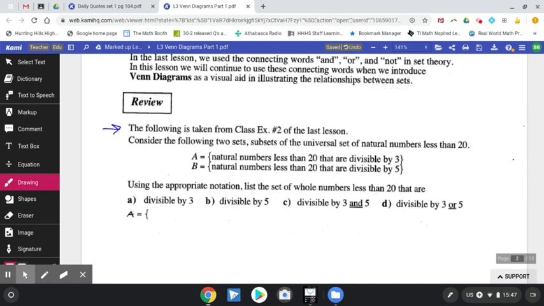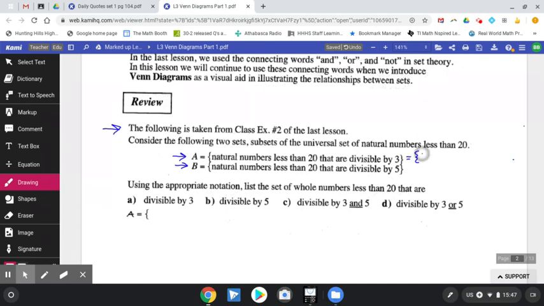So one of the things I think makes our life a little bit easier is if we can see all of the sets. I see here that they describe set A in words and set B in words. Might be easiest if we actually listed the elements. So natural numbers less than 20 that are divisible by 3.